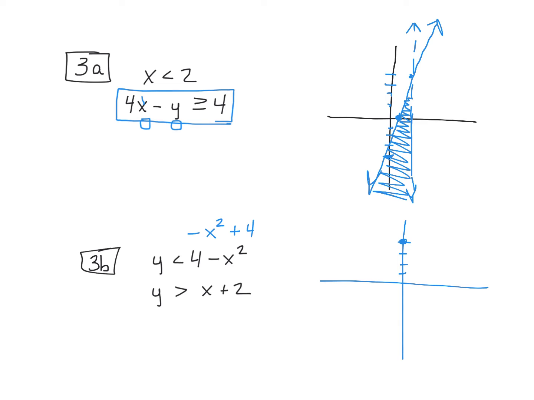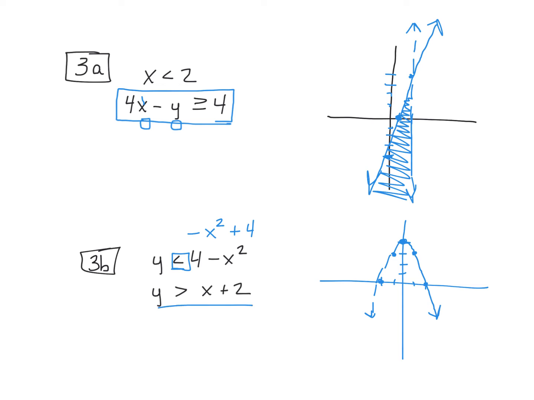Since my a value is negative 1, I would go over 1 down 1, and then over 1 down 3. And then we have the dashed parabola. Y is by itself, less than, means you'd shade below it. So this would be underneath the parabola here.